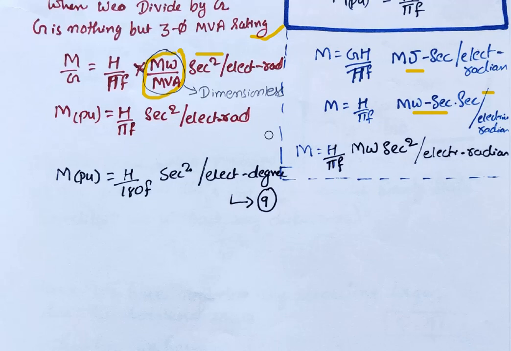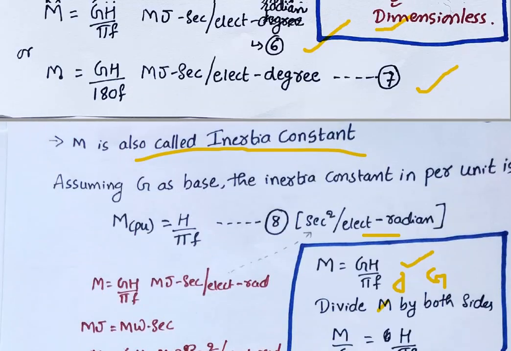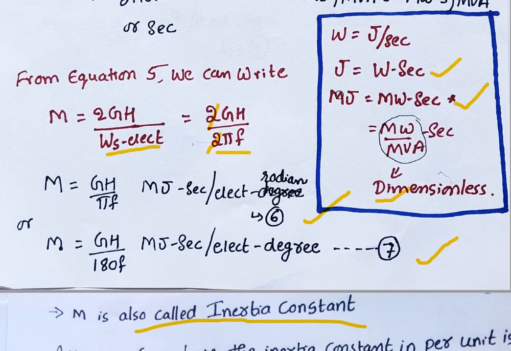How did we get this second squared per electrical radian? We have M equals GH by pi F. When we divide by G on both sides, M by G gives M per unit and H by pi F, where G is my base MVA. MJ per second is derived as MW second.